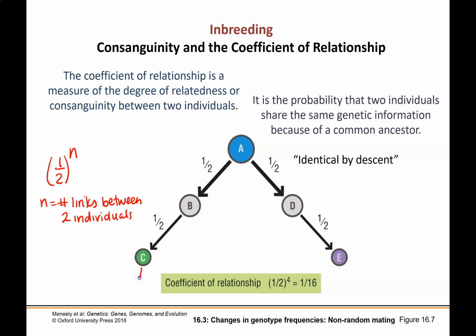So these two individuals, C and A, are connected by 4 links or 4 generations: 1, 2, 3, 4. So in this case, their coefficient of relationship is 1/2 to the 4th, or 1/16. That means there's a 1 in 16 chance that they have an identical haplotype or allele because of this common ancestor.